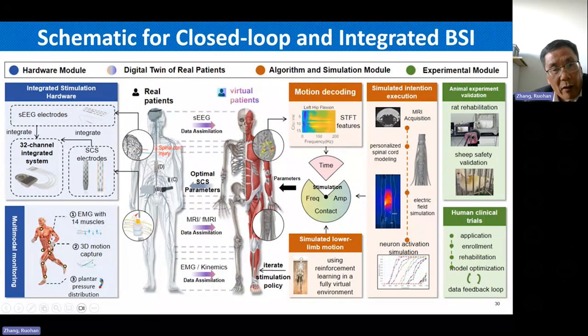Four years back, we started working on this; essentially it's a brain-machine interface, with chips implemented directly on your spinal cord.